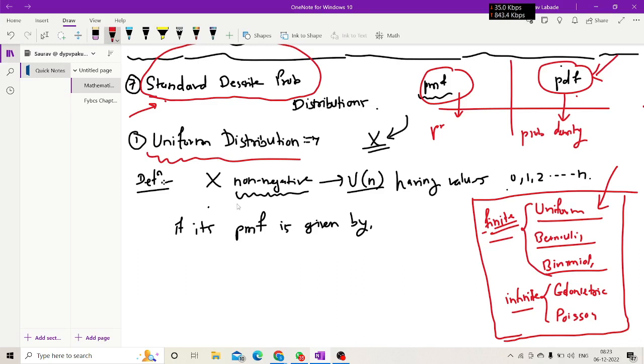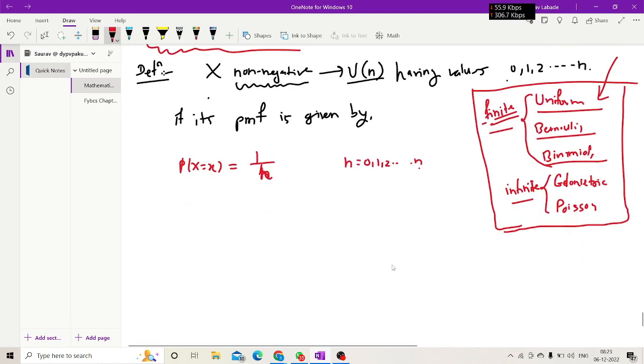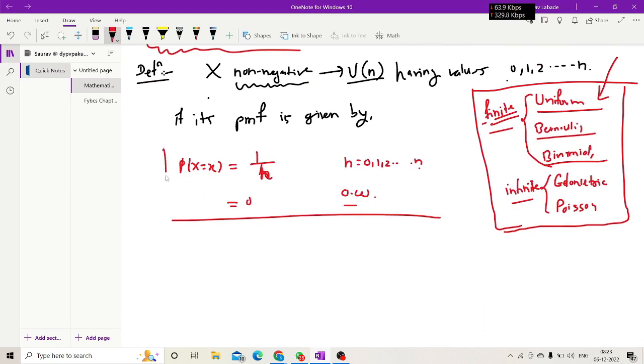It is said to follow the uniform distribution if and only if its PMF is given by: probability of X equals x is equal to 1 upon n, for x equals 0, 1 up to n, and equals 0 otherwise. Just remember this PMF of the uniform distribution.